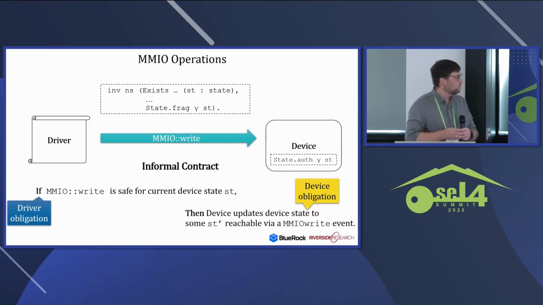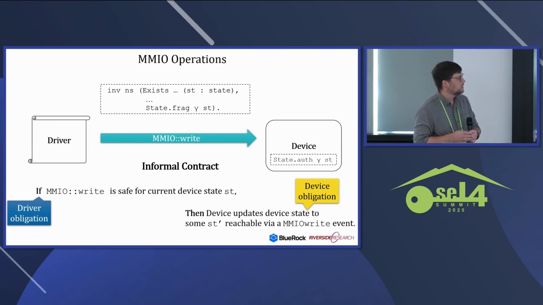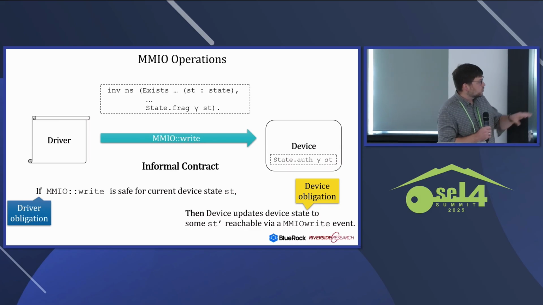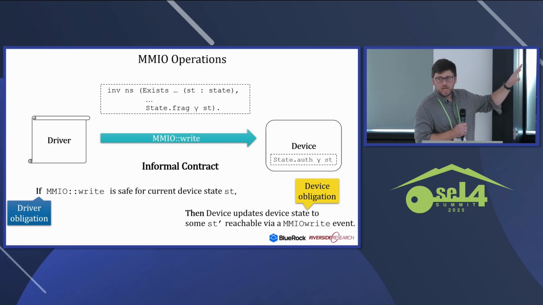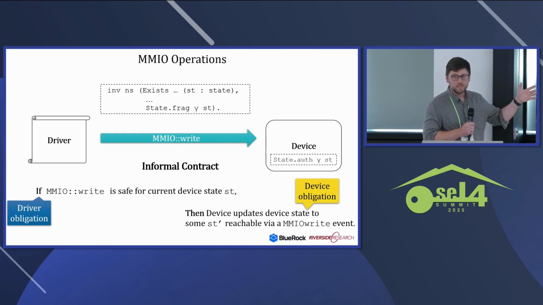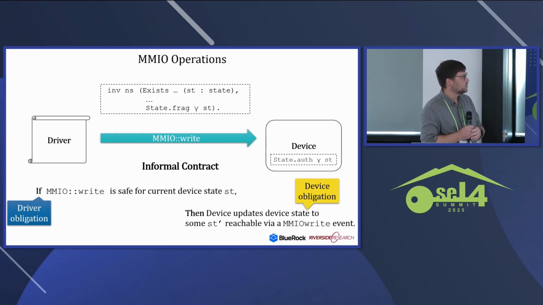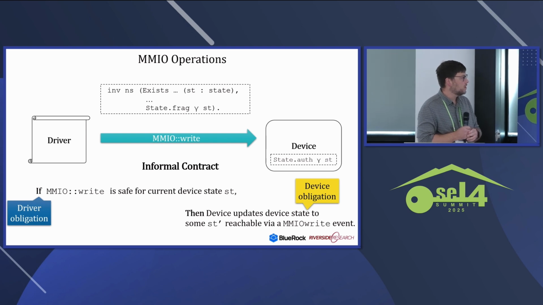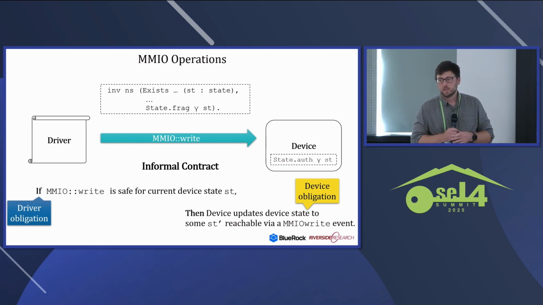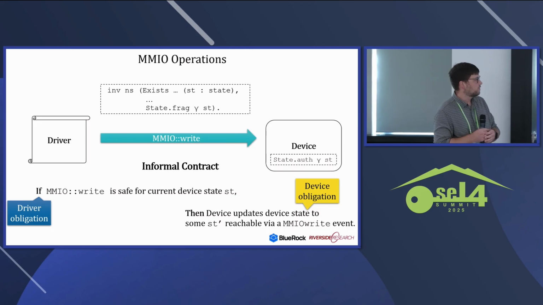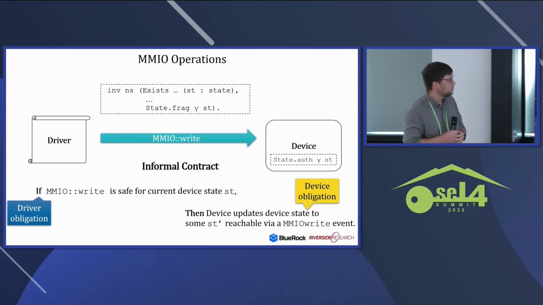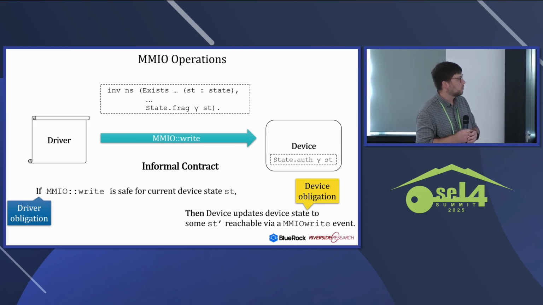The informal contract between the driver and the device in this case is that if the driver can show that for whatever state the device happens to be in, this MMIO is safe for that state, so the device can actually respond to that MMIO operation, then the device guarantees to update its state in such a way that its new state is consistent with the MMIO write event that was sent. So this is the informal contract that we use to specify an MMIO write operation.